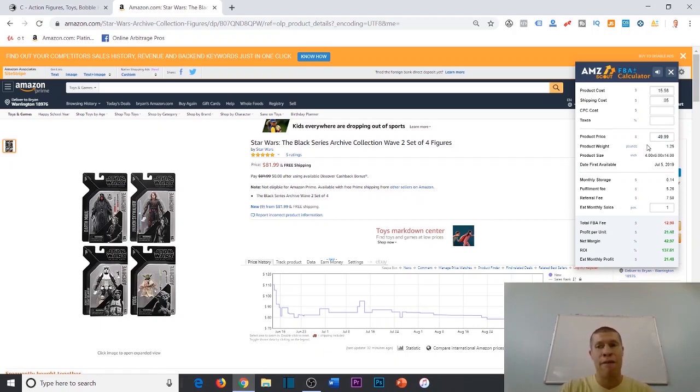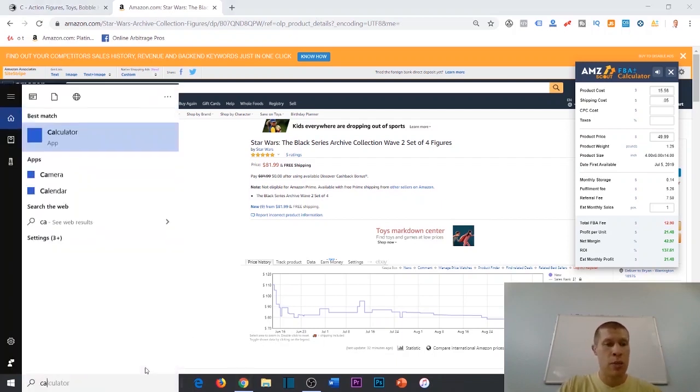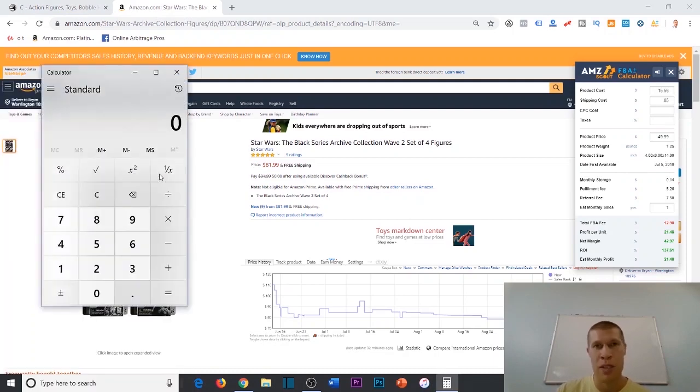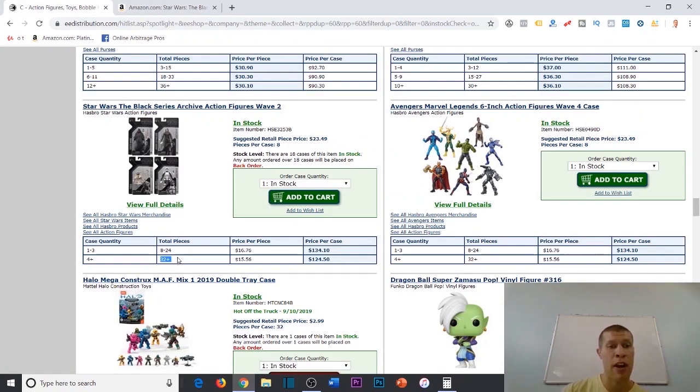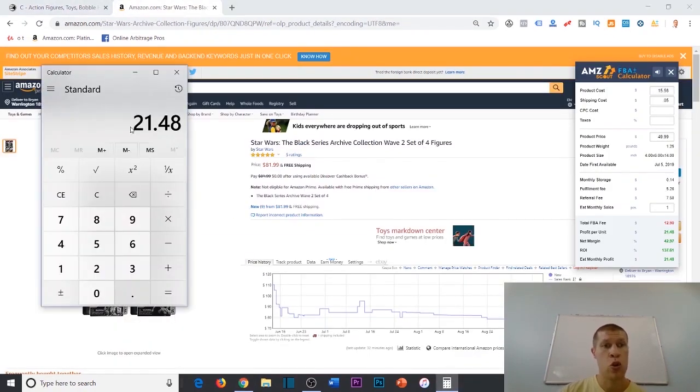So even if it dropped down to $49.99, which is currently at $81.99, let me show you some calculators here because I love to run the numbers and figure out my profit margin. It's one of my favorite things to do. $21.48. To get the $15.56 price, I would have to buy 32 of these units. So $21.48 times 32 equals $687 just for buying these, having EE Distribution ship them into FBA, and then recouping my profit on Amazon.